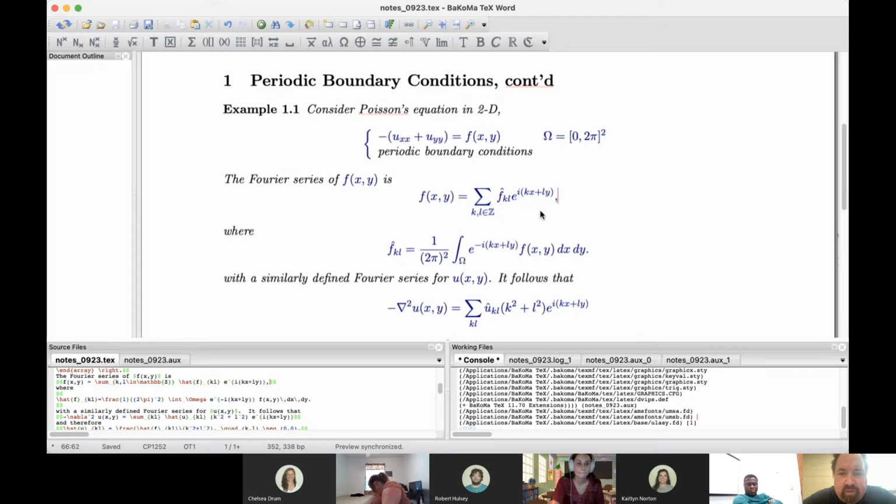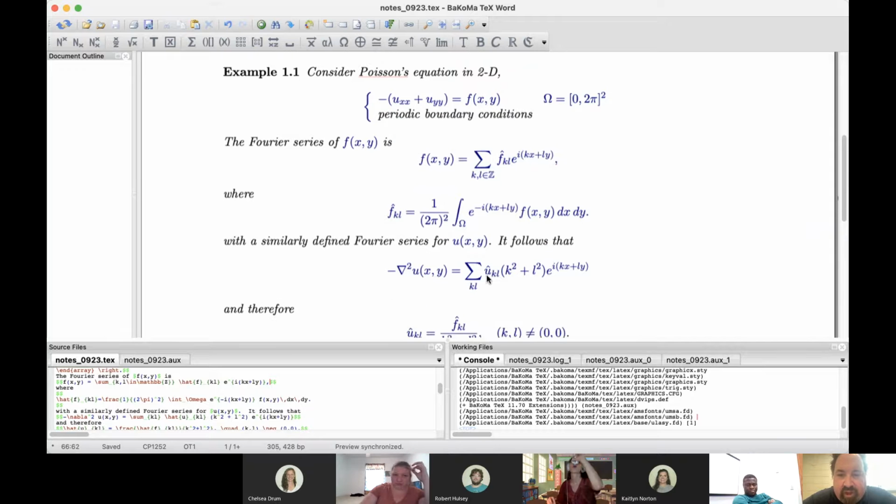To figure out what the coefficients of u have to be, I can take a Laplacian of a Fourier series. So I have my Fourier series for u, and I'm taking minus Laplacian of it. What will happen when I take a second derivative of an expression like this with respect to x?